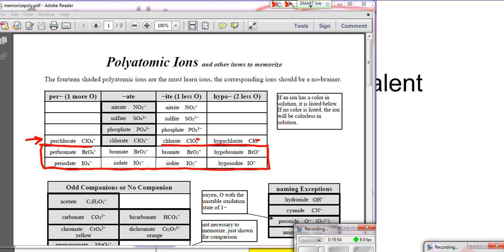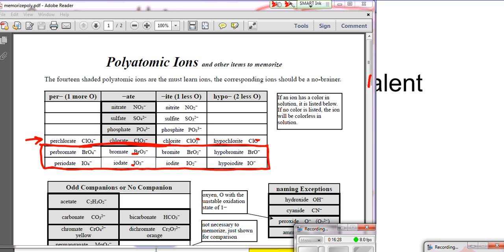And actually, any of the halogens can produce similar properties to chlorine. So you could sub in bromine or iodine for chlorine and have the same family. So that's why you don't need to memorize them, because it's just common sense. If chlorine can do it, so can bromine or iodine. Fluorine is a little too small to make all these polyatomic ions. Fluorine is the only halogen that will not do that.